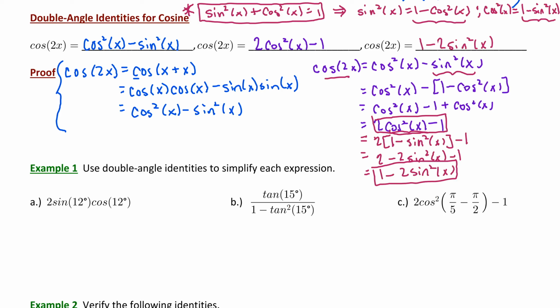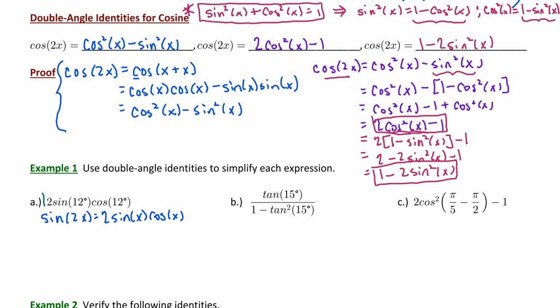In example 1, it says use double angle identities to simplify each expression. Example A is 2 times sine of 12 degrees cosine of 12 degrees. Recall that sine of 2x is equal to 2 times sine of x cosine of x.